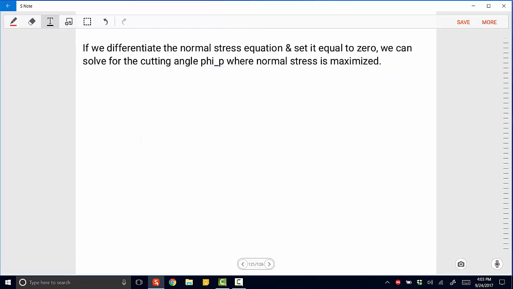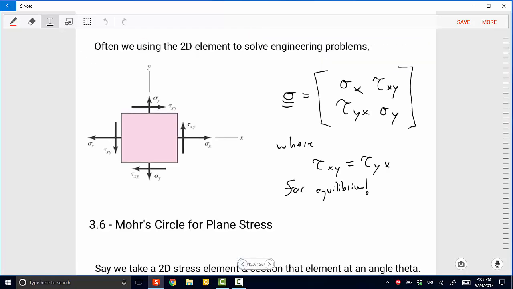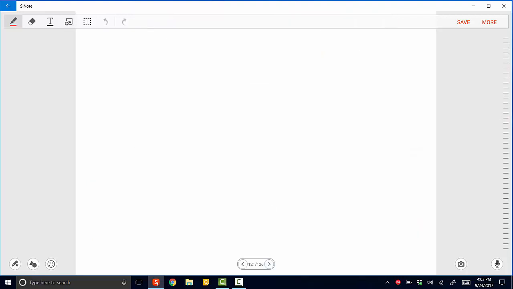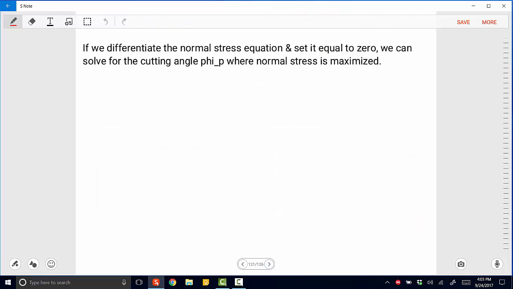So if we just do a little bit of calculus, we take our normal stress equation, this one here, and we differentiate the equation and set it equal to 0, we can solve for our cutting angle. We can solve for the angle that leads to a maximum, the largest value of normal stress.